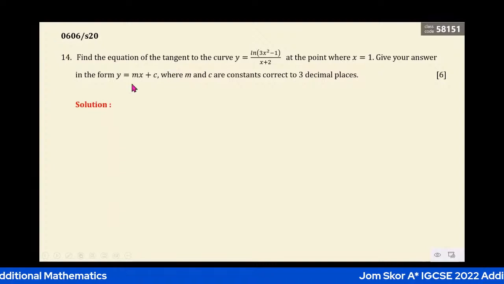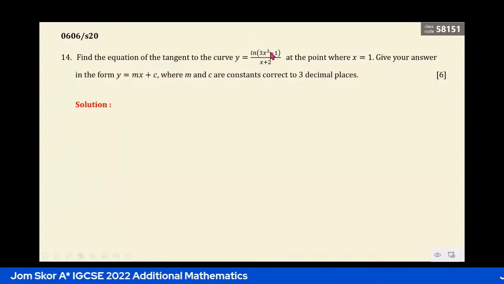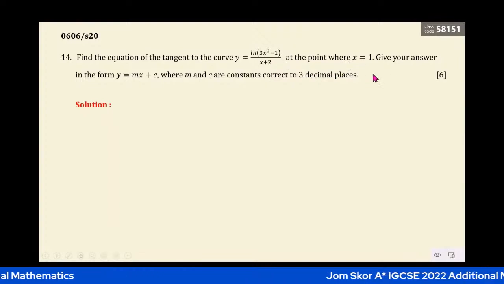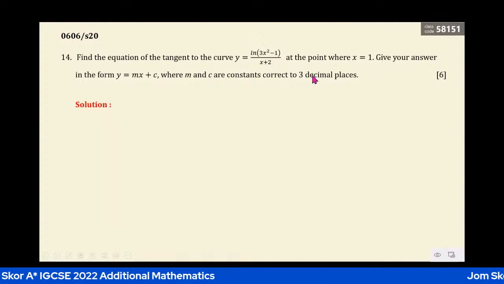Find the equation of the tangent to the curve y is equal to ln(3x square minus 1) over (x plus 2) at the point where x is equal to 1. Give your answer in the form y is equal to mx plus c, where m and c are constants, correct to 3 decimal places.